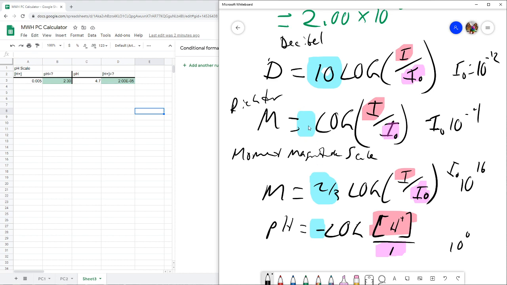In this case here, we have a 10, a 1, 2/3, negative 1. You had the input of the intensity that was measured, or in this case, the concentration. And then you had the reference threshold. In this case, we had a 1 right here.